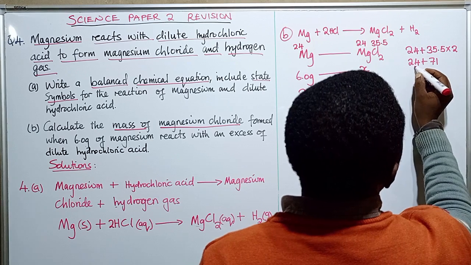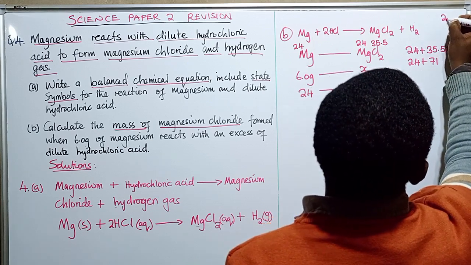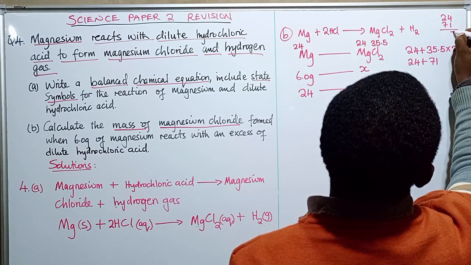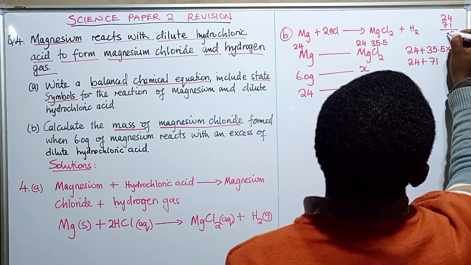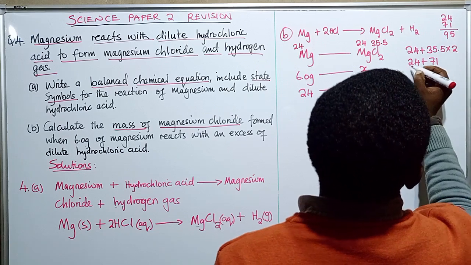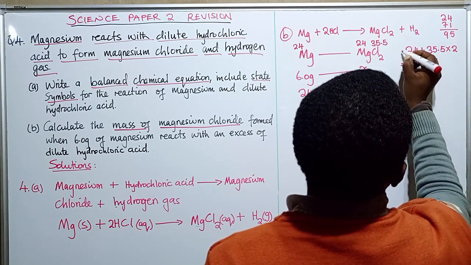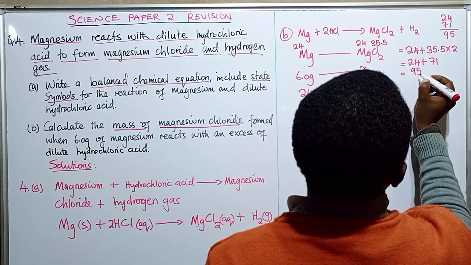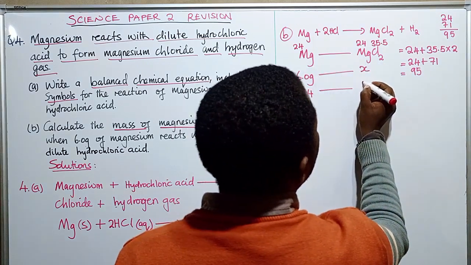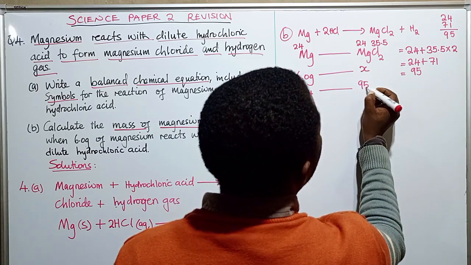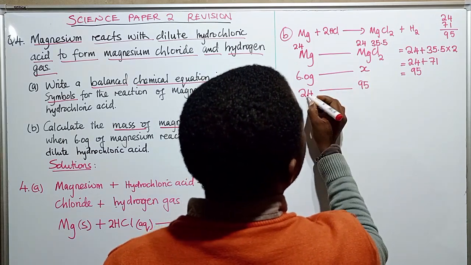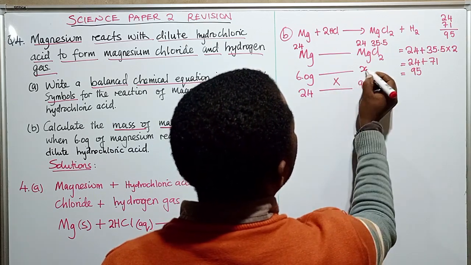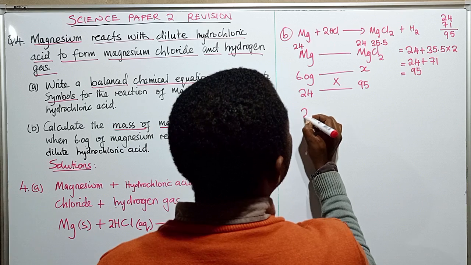So you add 24 plus 71, you get 95. So here you put now 95. You say this is to that, this is to that. So you cross multiply. You say 24 times x, it will be 24x.